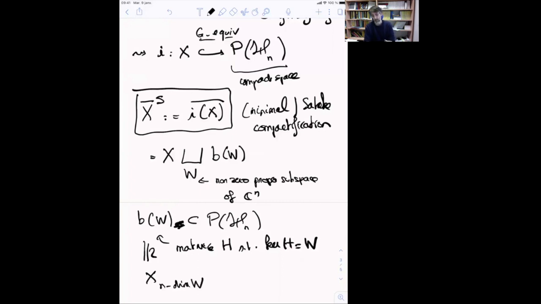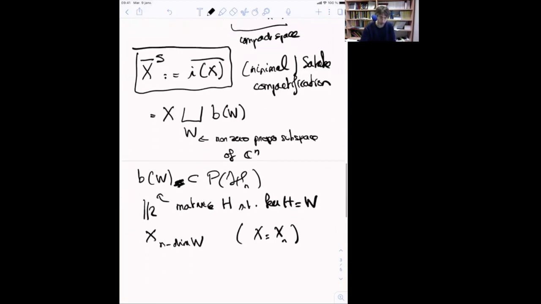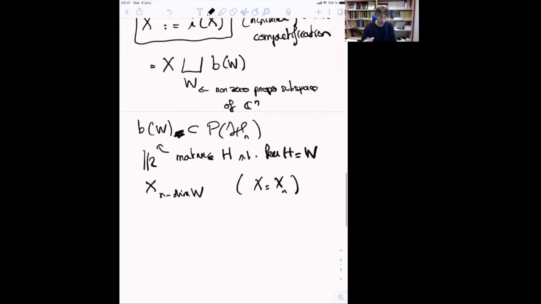So in the notation, it is X_W equal to X_m. Okay, and if we want to remember the G action, in fact we can decompose this Satake compactification as a disjoint union of G orbits.